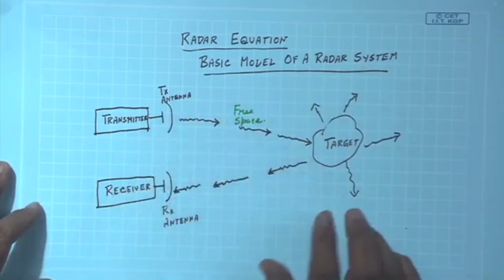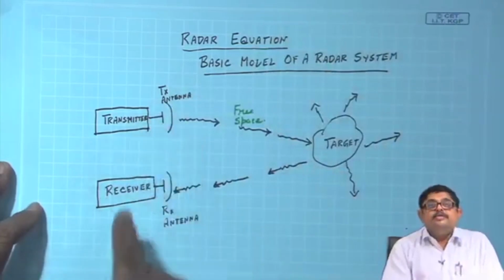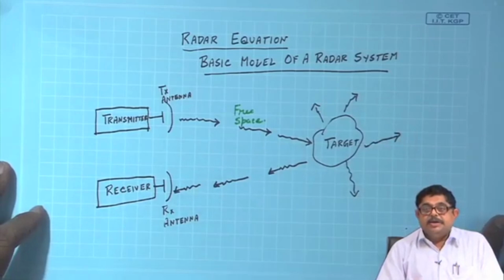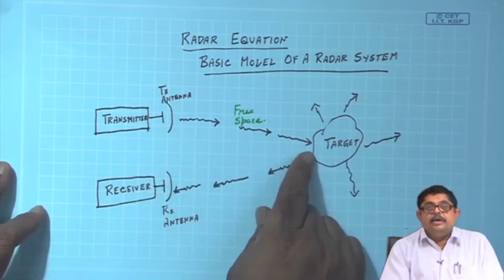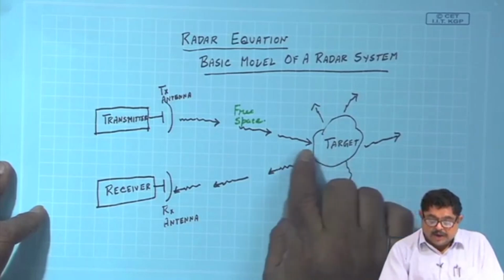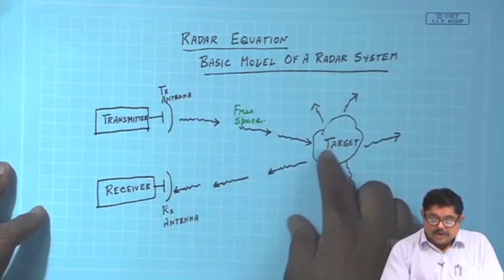The electromagnetic waves also go in other directions, but generally all antennas have a spatial gain, so it will point to the expected zone of the target, and more power goes there compared to other directions.